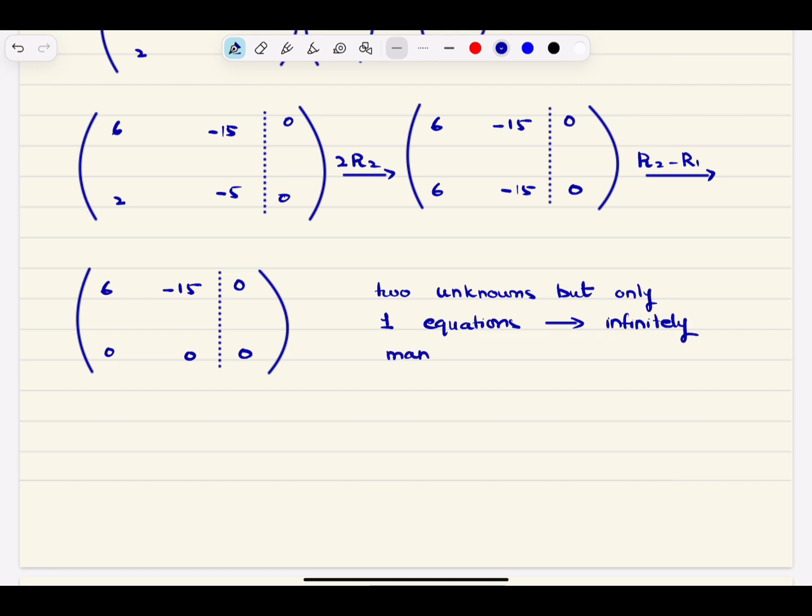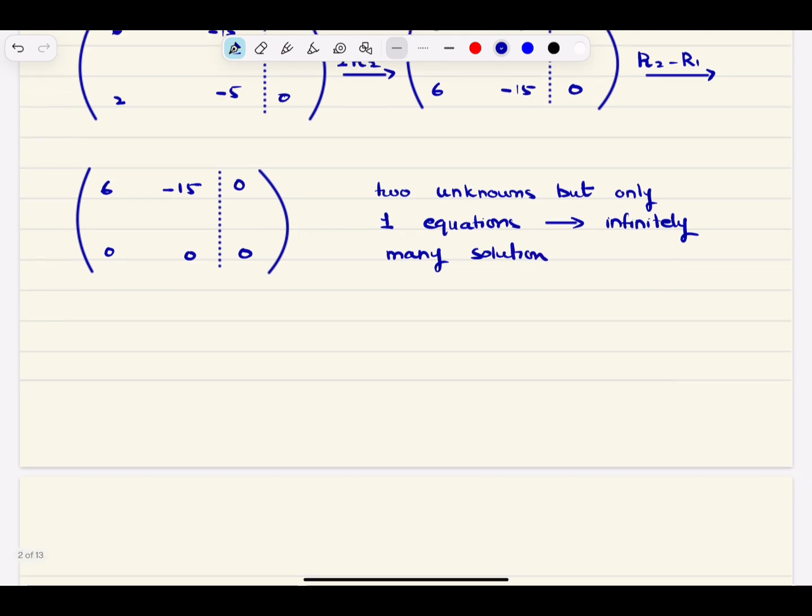Infinitely many solutions. So what I can do is take y as any variable t. I have 6x minus 15y equals 0, 6x equals 15y, so x equals 5 by 2 y.